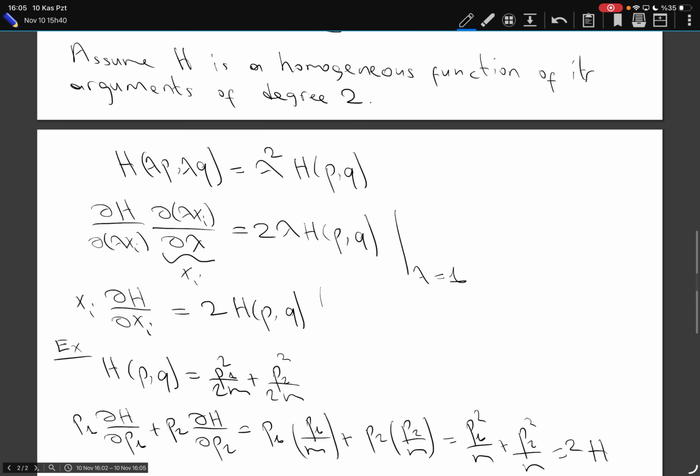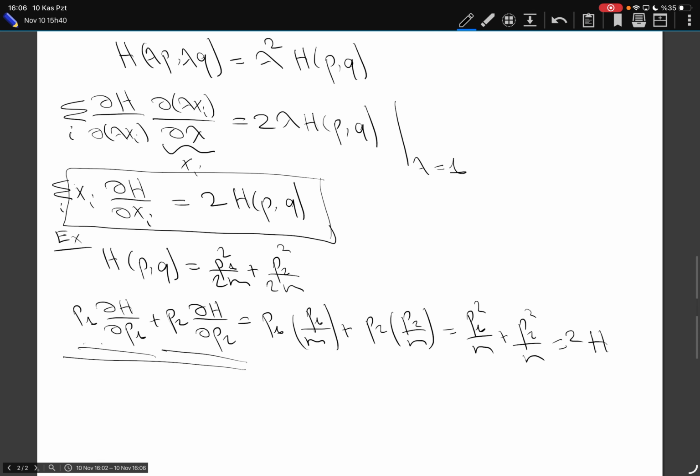Now let's come back over here. Of course, keep in mind that I'm summing over i. I will not be writing it explicitly, but when an index is repeated twice, you are just summing over it. Like over here, this is for the first index, this is for the second index.